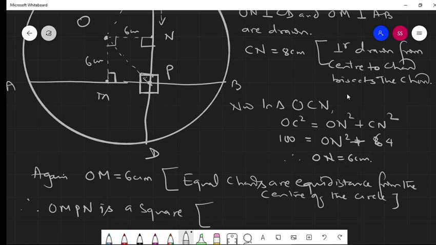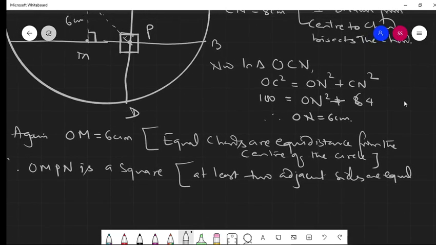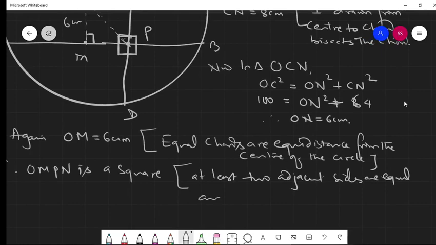And at least two adjacent sides are equal and three angles are 90 degrees given, so that should be a square.